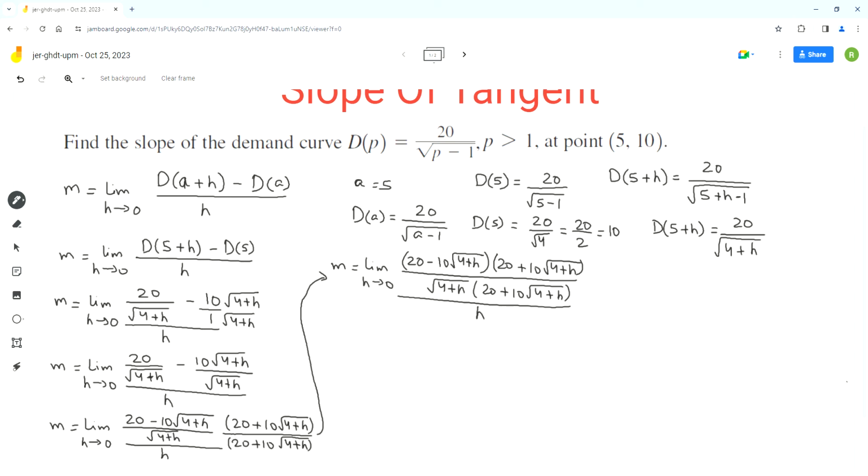Now we can simplify the numerator by using FOIL. So we'll have to distribute the terms in the parentheses.